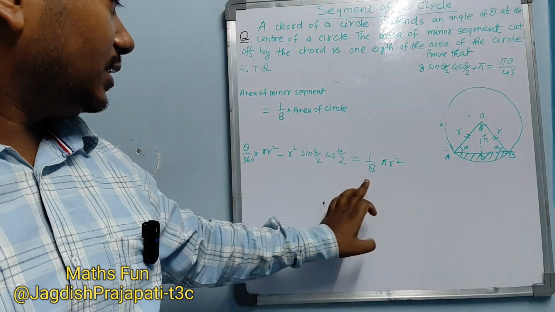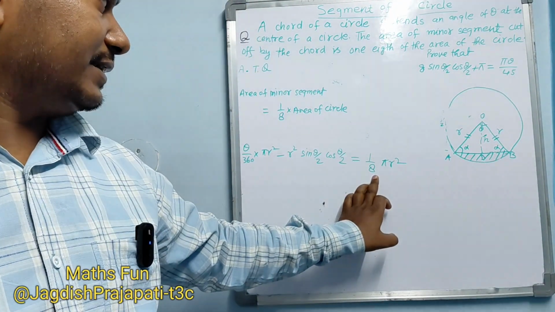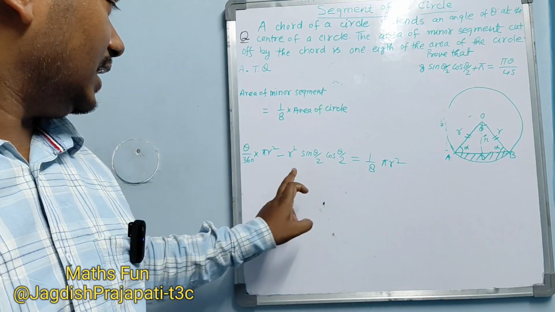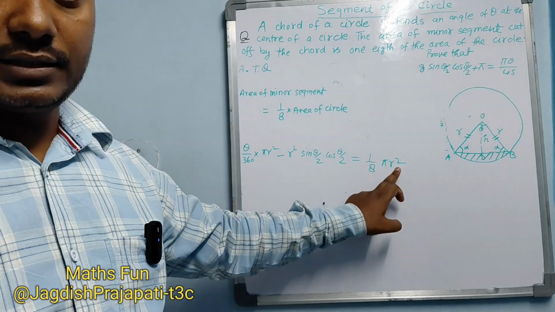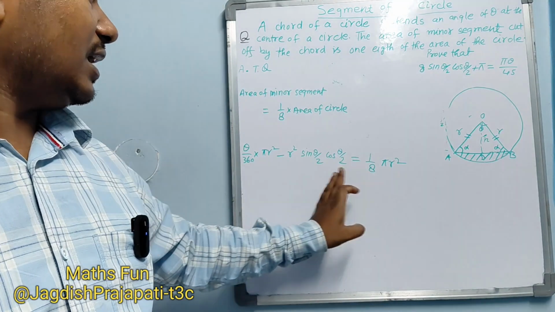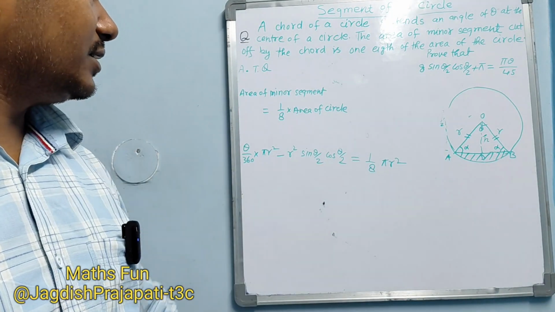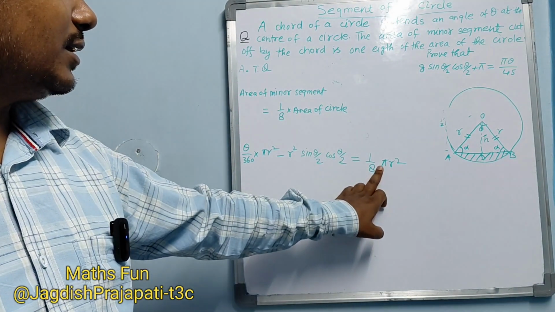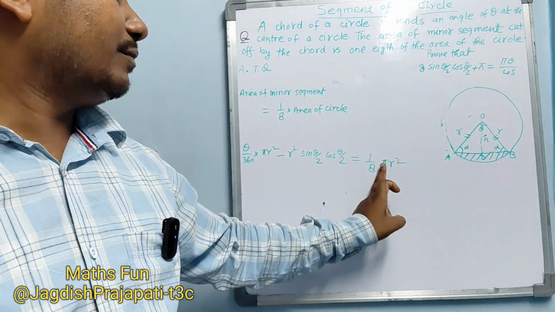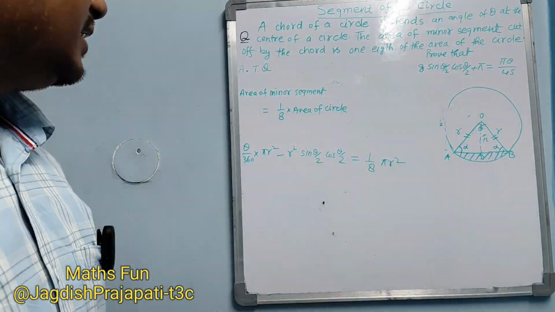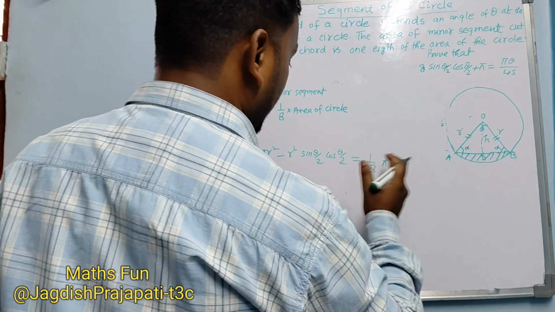And here we see 8. One more thing, r square is everywhere. So this r square will be cancelled out, so pi will be here, only pi. So we need, see in the proof, we need only pi. So let us multiply this by 8.